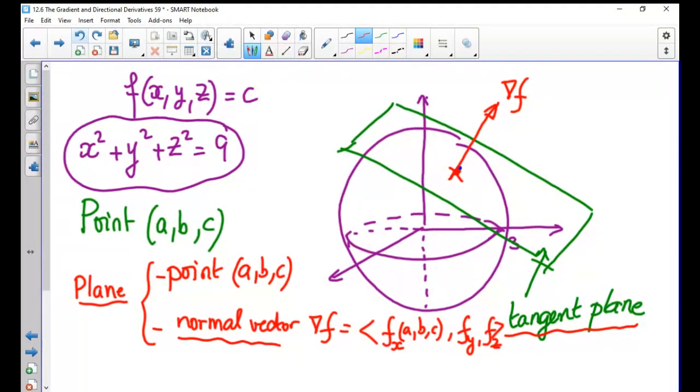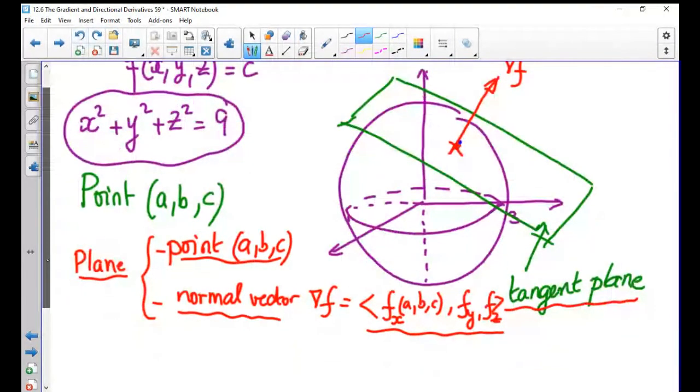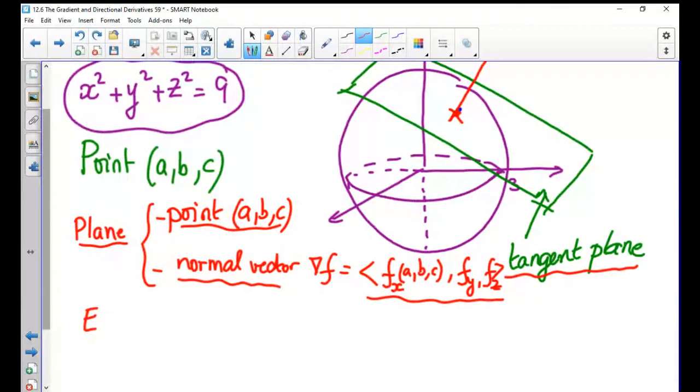So we have the point, we have the normal vector. Now we can write the equation of the tangent plane.